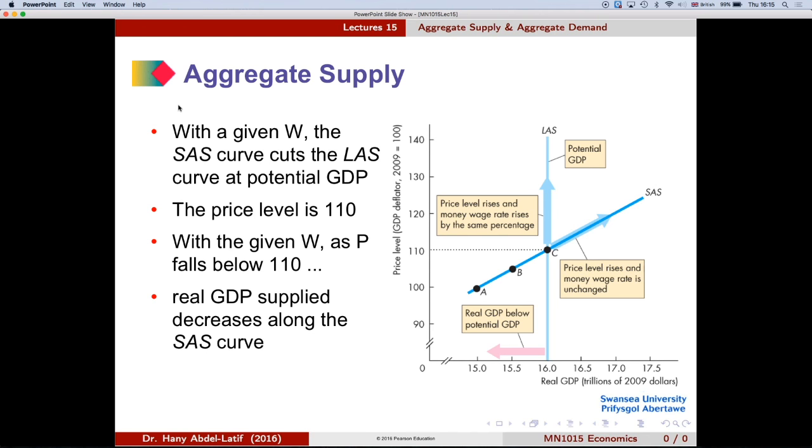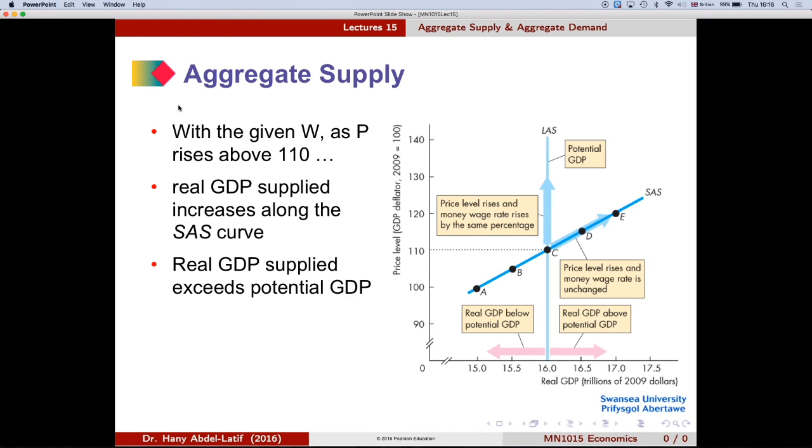So anywhere before C, let's say point A or B, that means the real GDP is below the potential, because now we understand that the potential here is 16, and 16 here is where the long run aggregate supply is. So these two points, A and B, mean that the price level is below 110, and the real GDP we have is below the potential GDP.